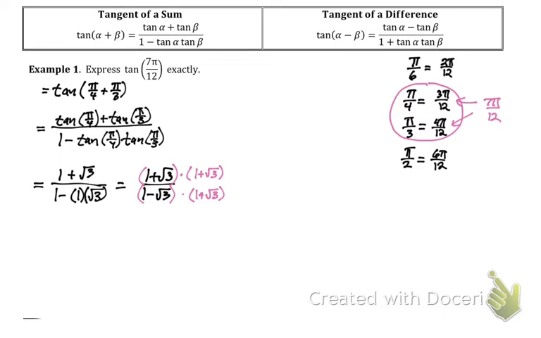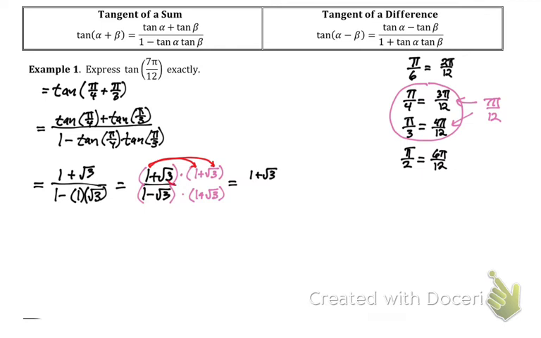All right, the top one you have to fully distribute. I don't care what method you use. Some people draw those little boxes, some people use FOIL. I just do this method. I take the first number and distribute it. 1 times 1 is 1. 1 times square root of 3 is square root of 3.